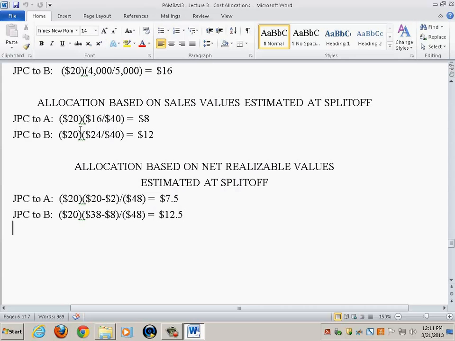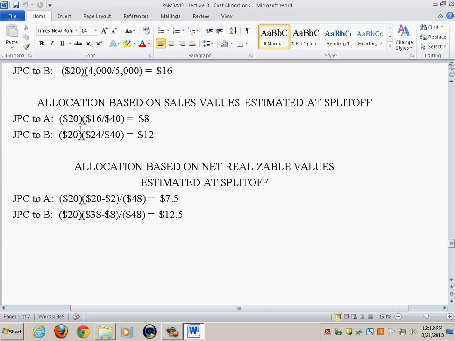The only argument we can give defending this method is to say, if we think that the allocation of the joint costs should be fair to products A and B, we should allocate it fairly.